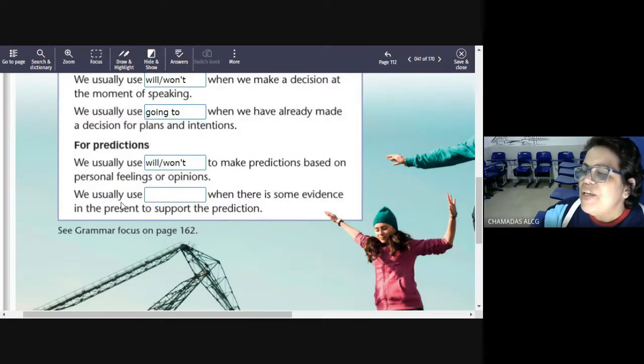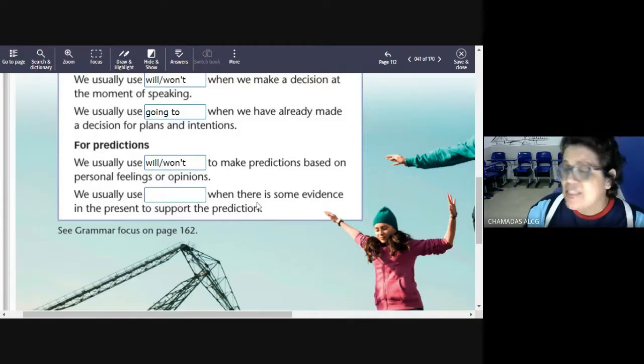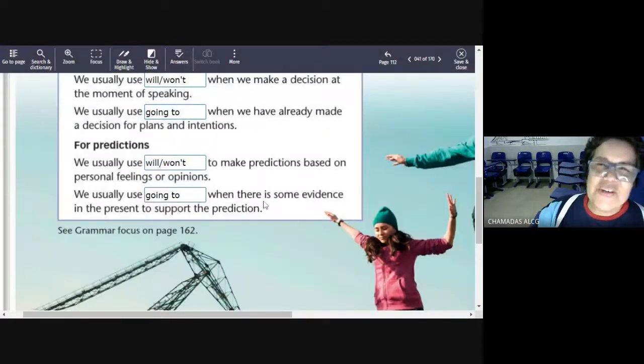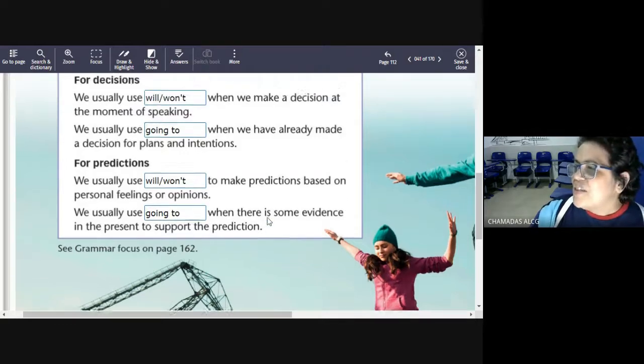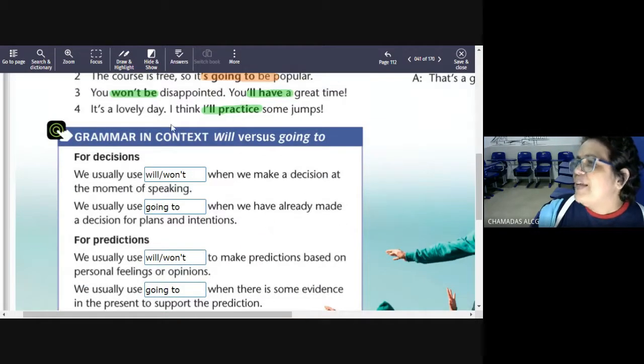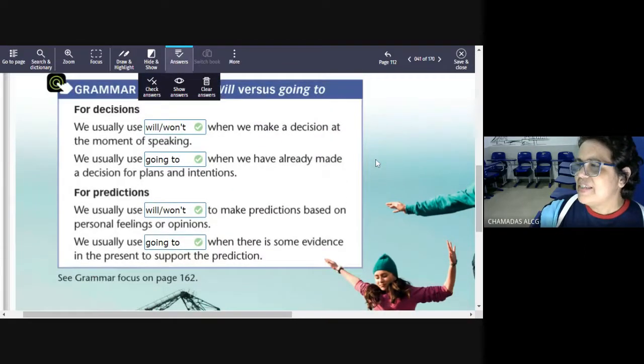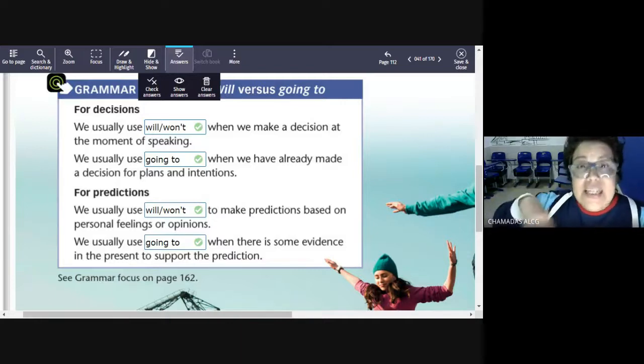Yes. Now, we usually use going to when there is some evidence in the present to support the prediction. Yes, going to. All right, just what we said. So let's check the answers. Yes, everything correct. Please take notes.